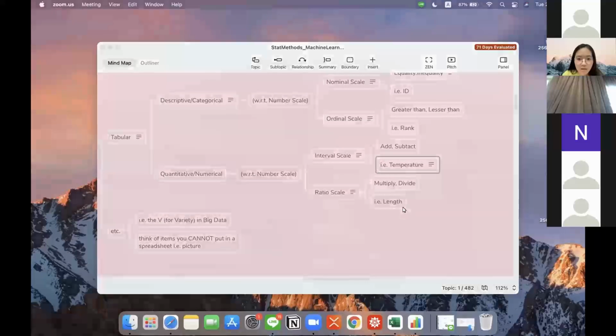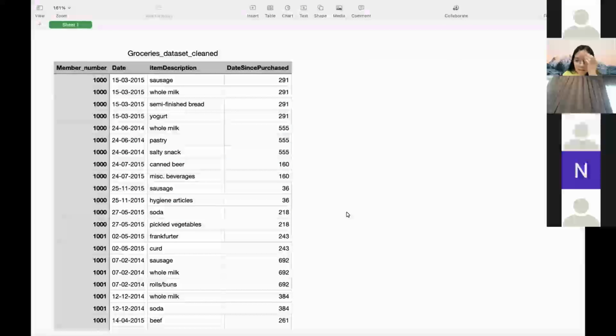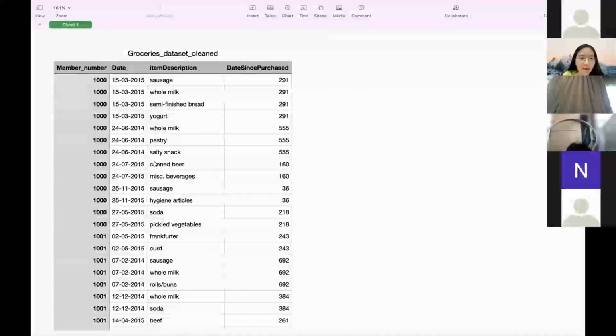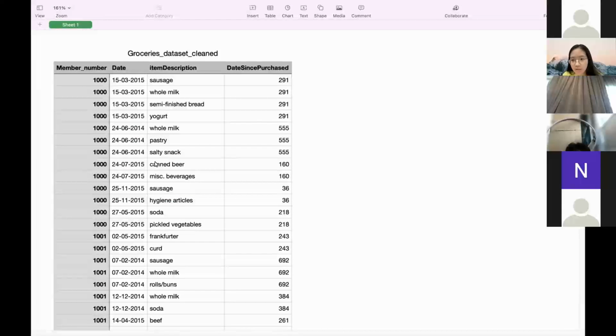So this is my data set. It has about 29,000 rows, and initially it has 3 columns: the member number, the date of the transaction, and the item description.